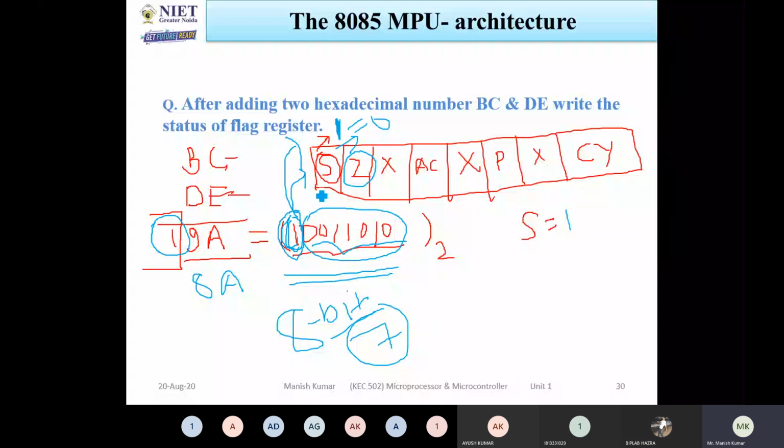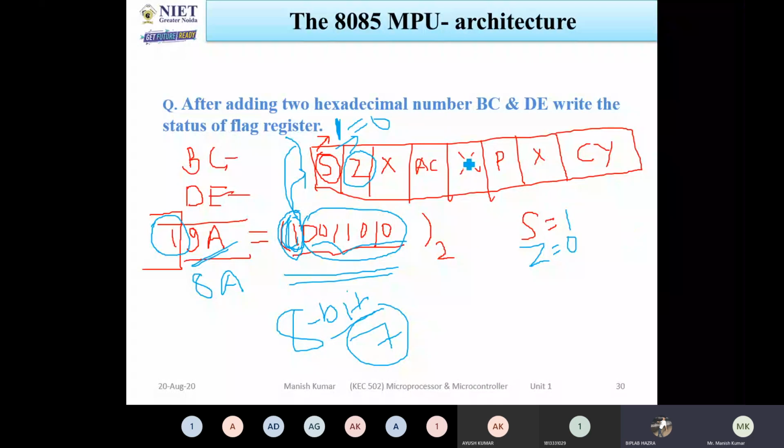If this is a non-zero quantity, what is the Z value? 0. Correct? Only if the result is 0 will the value of Z be 1, otherwise in all cases Z equals 0.